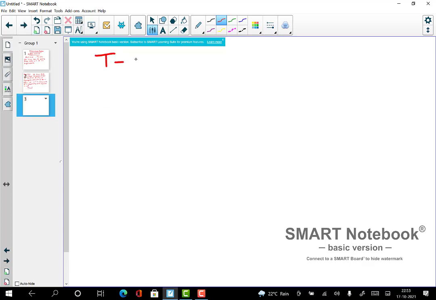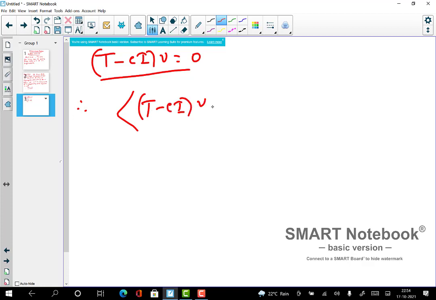If T of v equals cv, that means (T minus cI) of v is the zero vector, right? Thus you can take an inner product of (T minus cI) of v with any other vector u belonging to V. This is 0 for all u belonging to V, because this is the zero vector, and the product of the zero vector with any vector has to be 0.